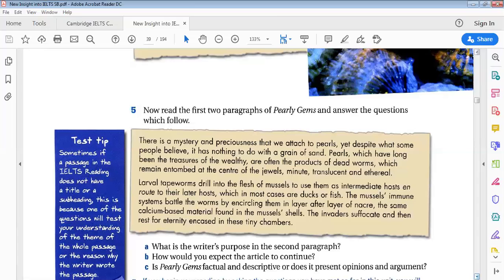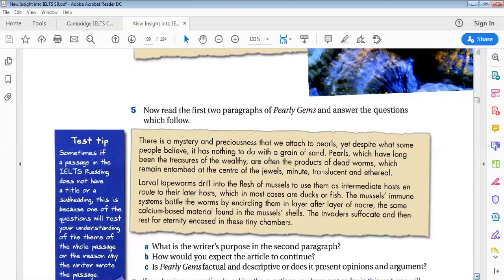That's the purpose of the writer. Okay, it's factual and descriptive.